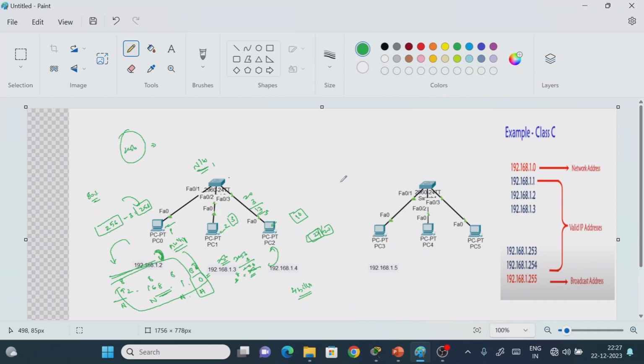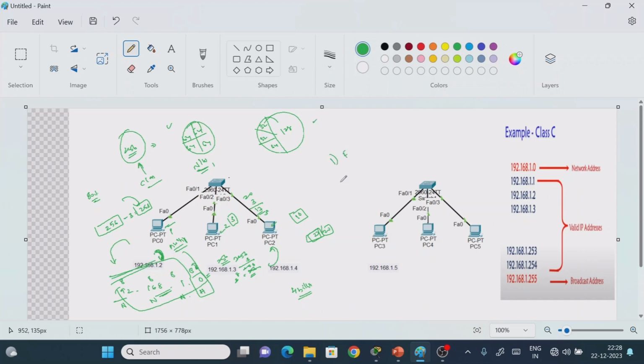Now we need to identify which belongs to fixed length subnet masking and which belongs to variable length subnet masking. For 256, I have divided into 64, 64, 64, 64. Here I have divided into 128, 64, 32, 32. Now you tell me, this is the classful address, and this is what we call the classless IP addressing mechanism.